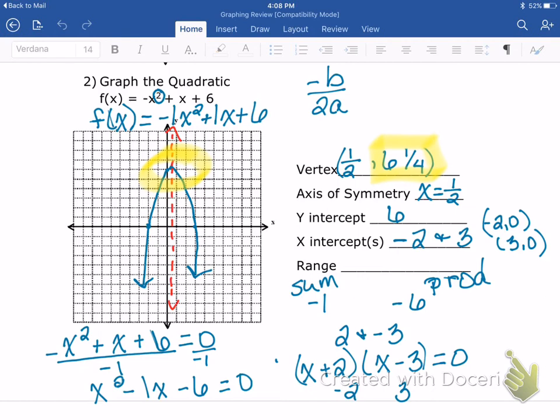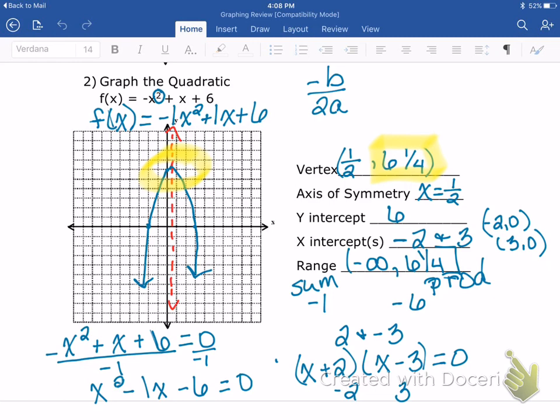Now what we have to decide: are we going from negative infinity to 6 1/4? Or are we going from 6 1/4 to infinity? So in this situation, the highest value that we go to, because we have a maximum, is 6 1/4. So our range for this problem is going to be negative infinity up to and including 6 1/4.